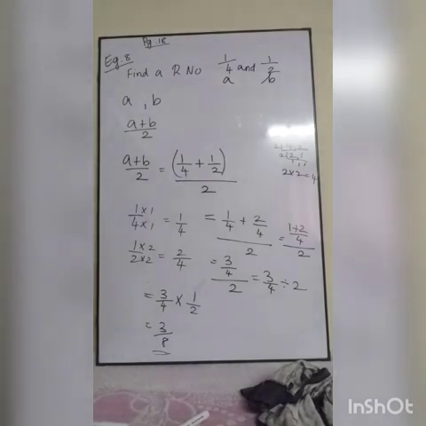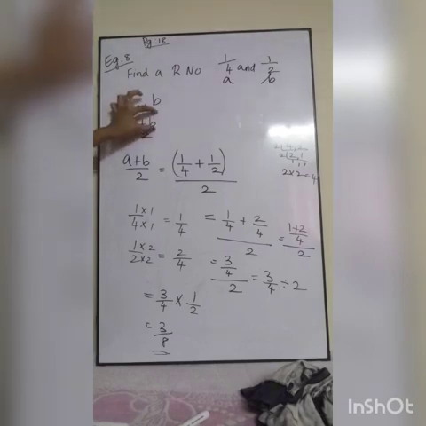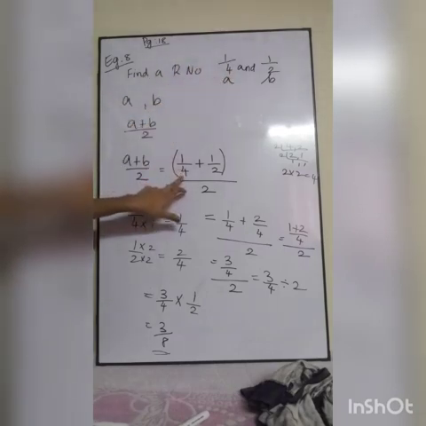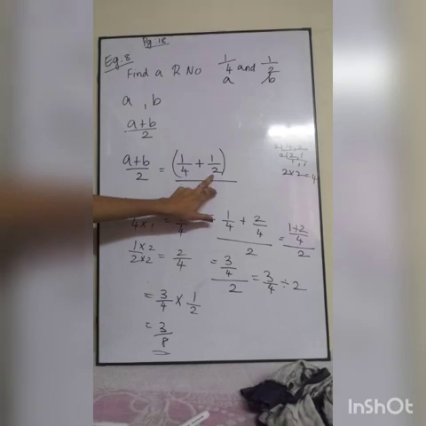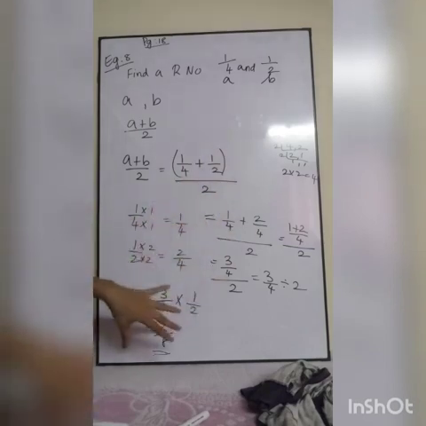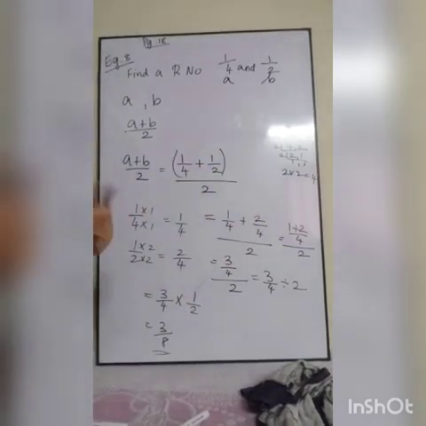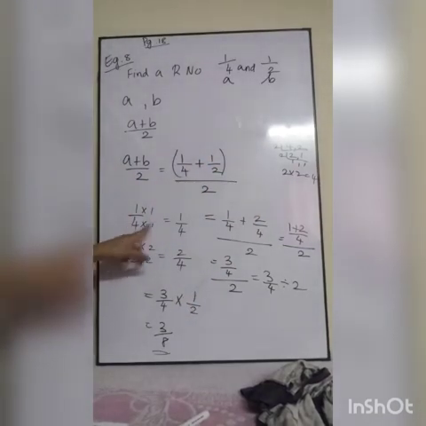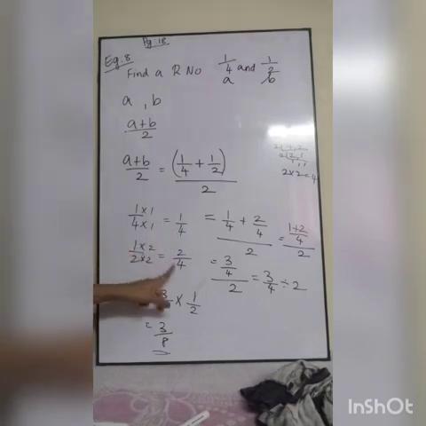Listen for a minute. If they ask you to find only one rational number, this is the formula, (A + B) by 2. A is one rational number, B is the other. So I have taken A as 1 by 4 plus B as 1 by 2, whole divided by 2. Now both denominators are different, so I did the LCM. I converted 1 by 4 to 1 by 4, and 1 by 2 to 2 by 4.